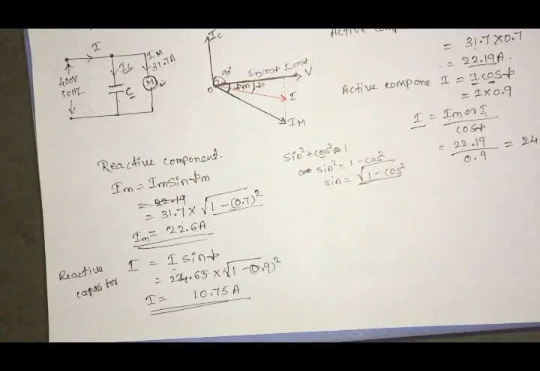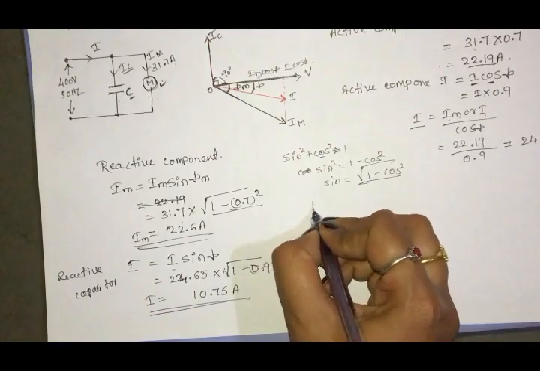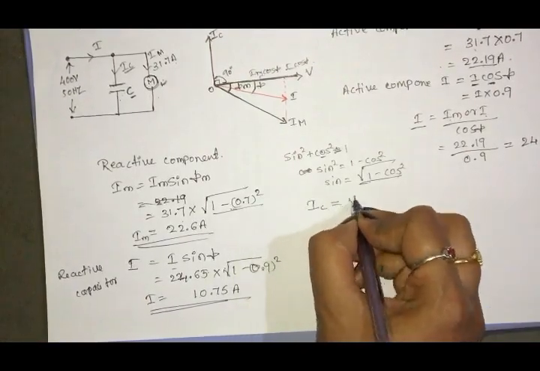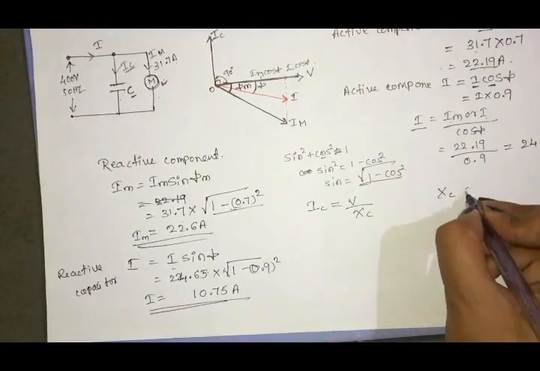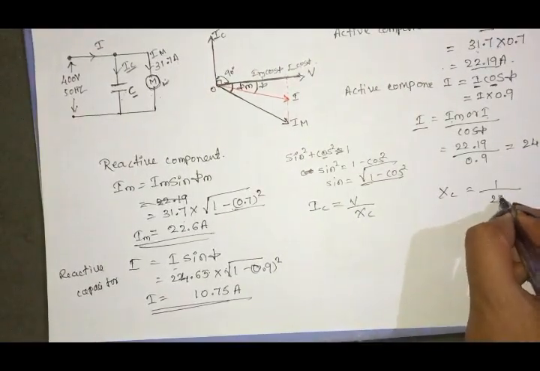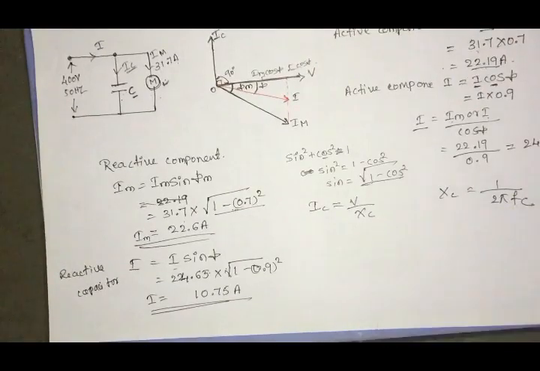Next, we need to find the IC and C values. So how can we find the IC value? We know the formula for IC is equal to V by XC, correct? XC is equal to 1 by 2 pi FC.